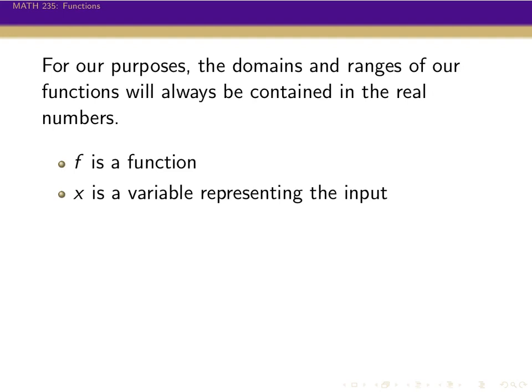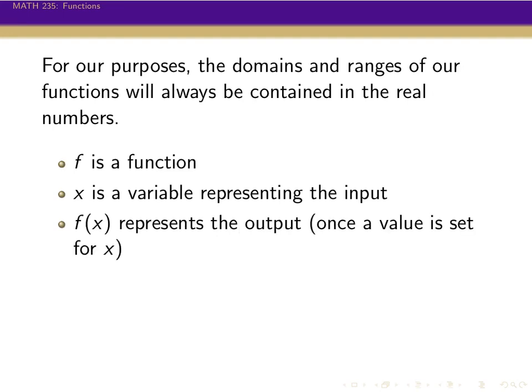There might be other variables that pop in, but x is the most typical one. And so when we write f of x, that's representing the output we get from the function after we plug x in. In particular, once we set some value for x, f of x is going to be that output, the value of the function, once we put that input in.